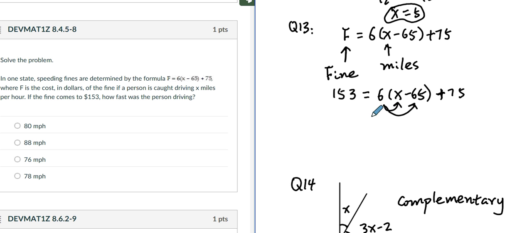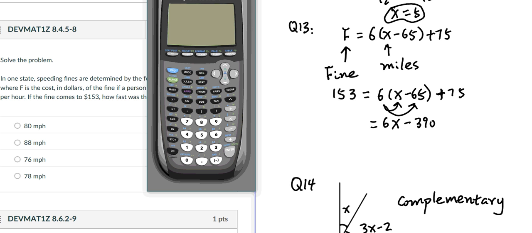Now, distributive property. We distribute 6 to x, and then 6 times 65, what is that? Is that 390? Yeah.